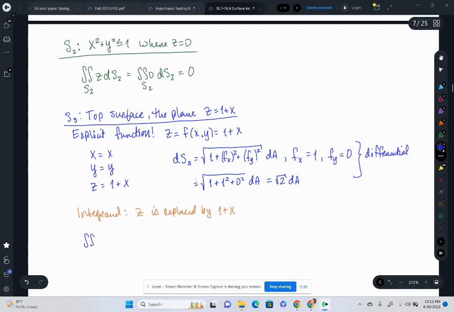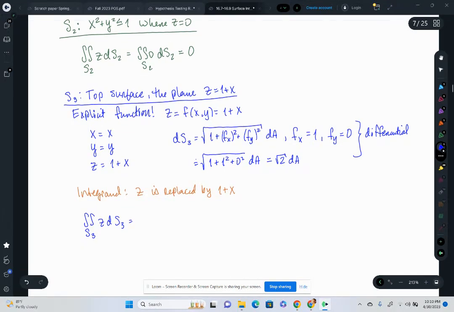We've got the double integral over S3 of z dS3 is equal to the double integral of 1 plus x, and then we get a square root of 2, and we have a dA, and we have a domain of integration.